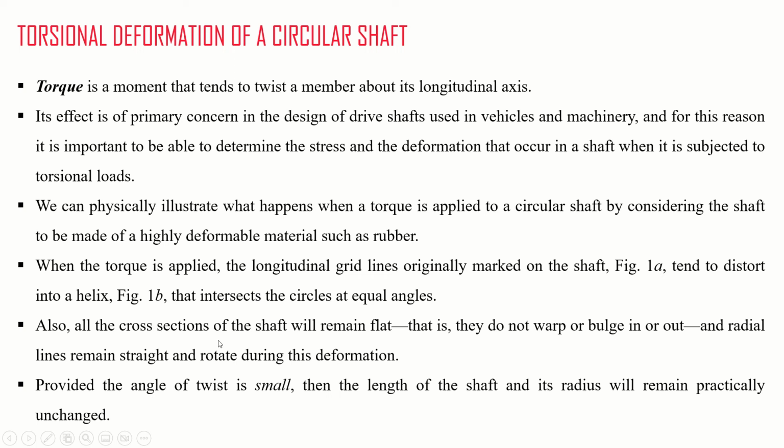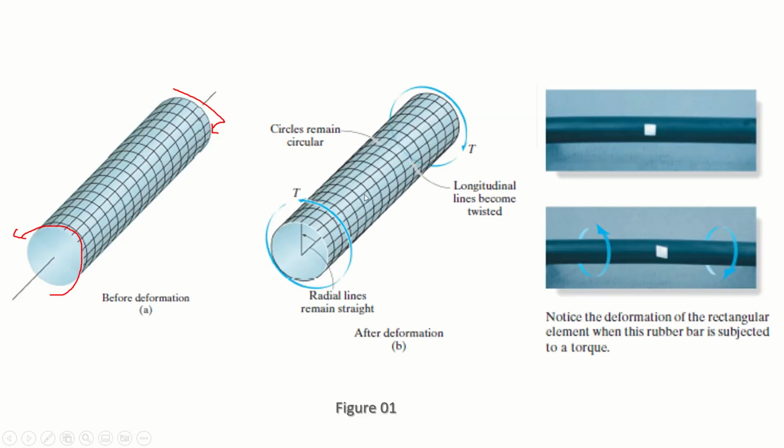Also, all the cross sections of the shaft will remain flat, that is, they do not warp or bulge in or out, and radial lines remain straight and rotate during this deformation. So during this deformation, these radial lines will remain straight, and only the longitudinal lines have been twisted, right?